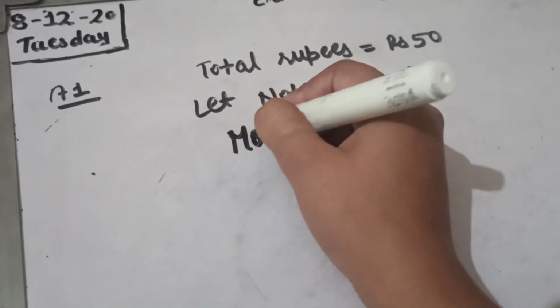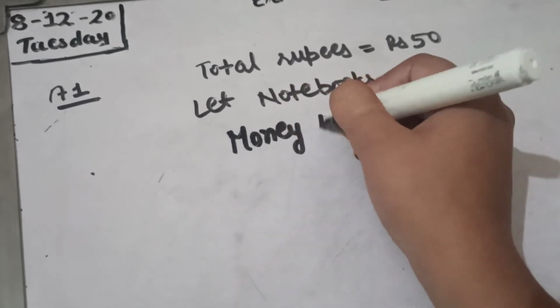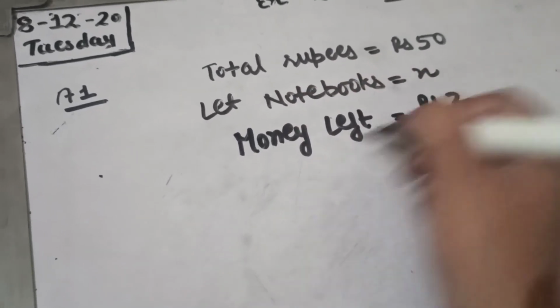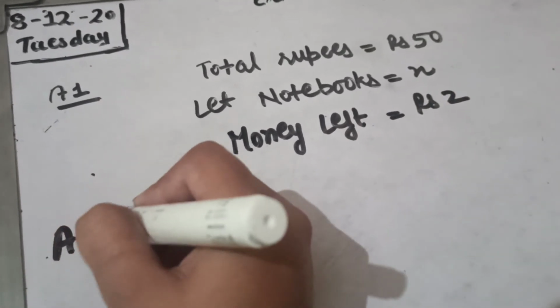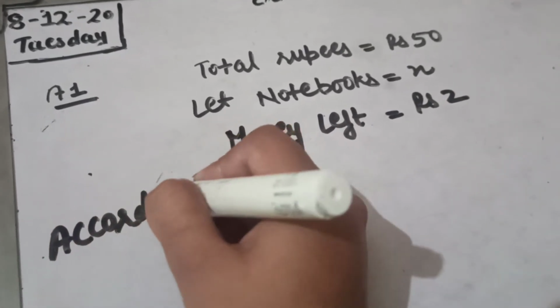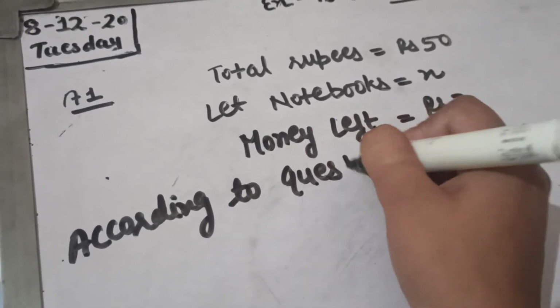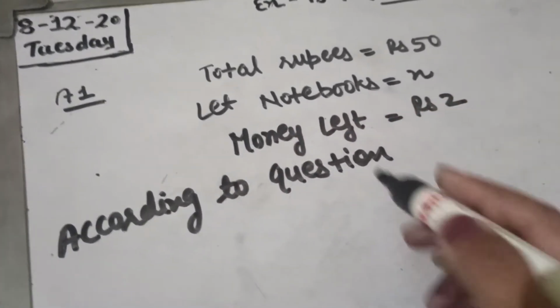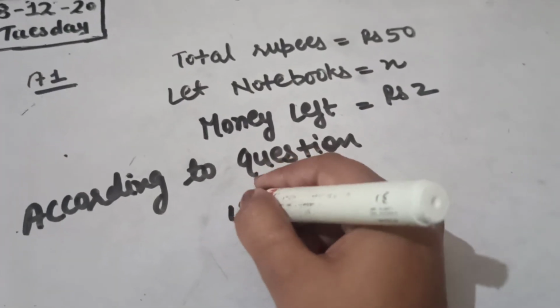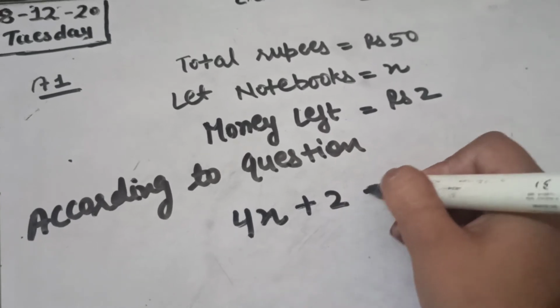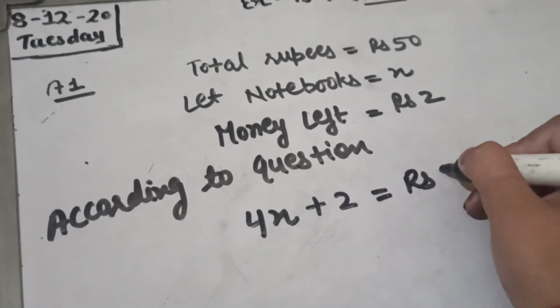Money left, how much? Rupees 2. Now according to the question, the statement will be 4 notebooks, it means 4x, plus 2 rupees left, 4x plus 2 equals to rupees 50.